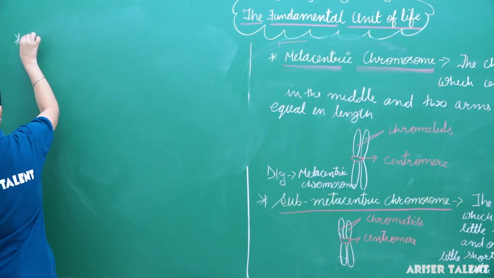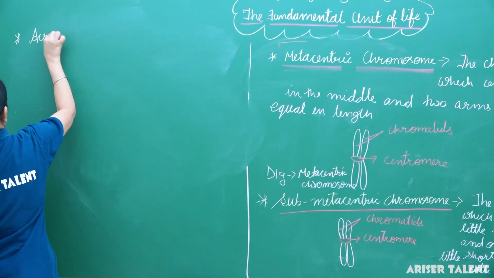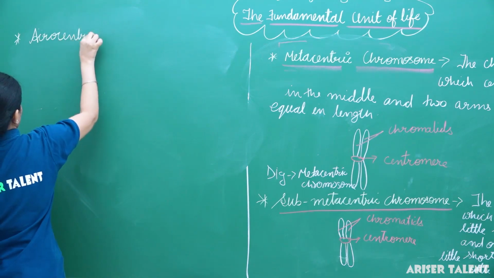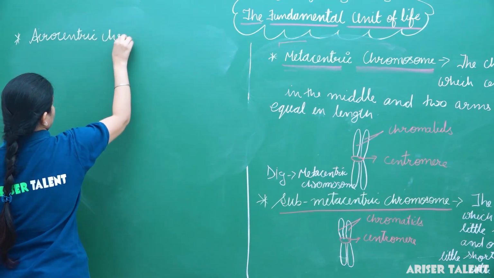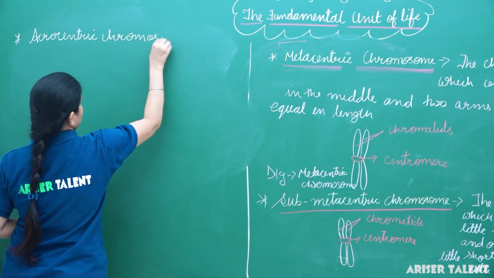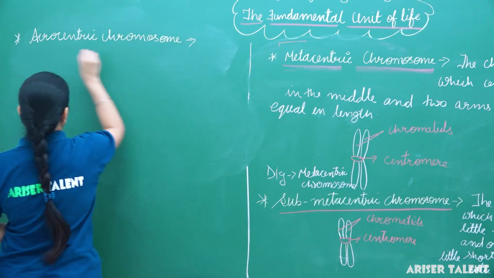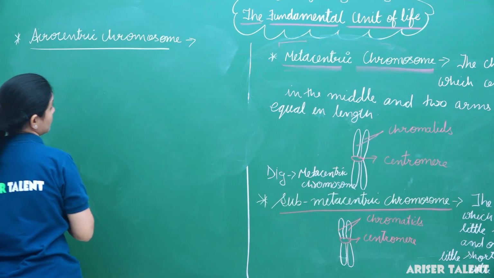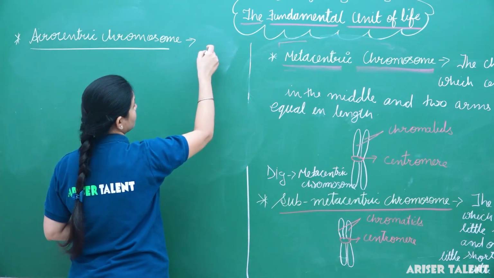Third one is the acrocentric chromosome. What happens in an acrocentric chromosome?